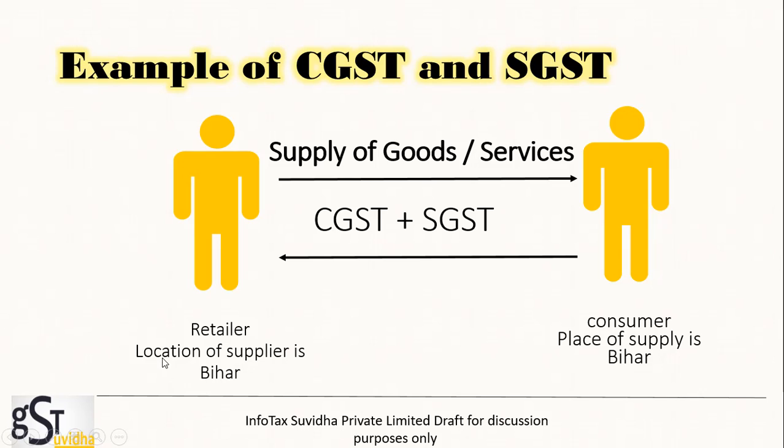So here we can see that the location of supplier is equal to place of supply. Therefore, CGST plus SGST will be levied. Retailer will collect CGST and SGST. It will pay CGST to the central government and it will pay SGST to the state government where goods is consumed, that is Bihar.